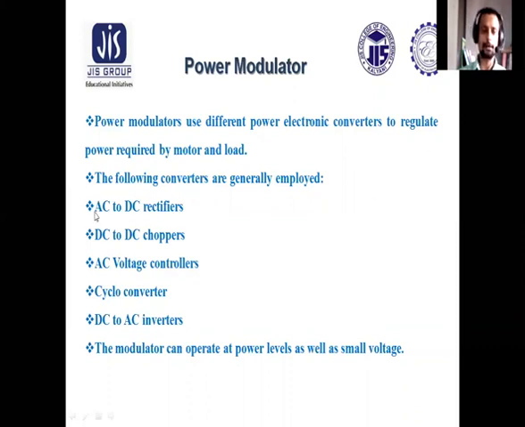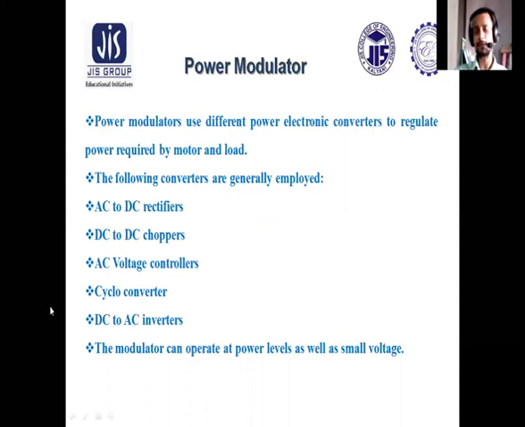First, the AC to DC rectifier. The AC to DC rectifier is used to run a DC motor with an AC supply. This AC to DC rectifier could have different combinations of switches.